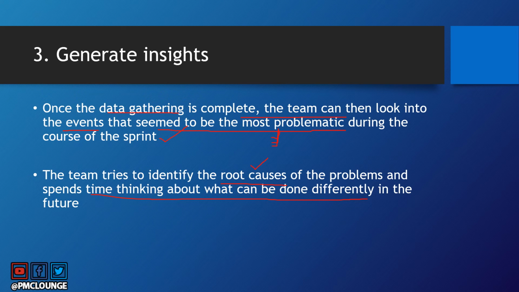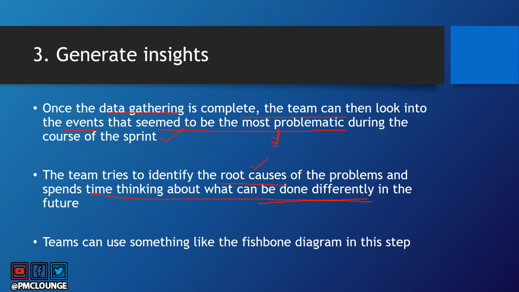What made you or your team take such a decision, or what made a certain event the most problematic? You find the root cause, and then the team spends time thinking about what can be done differently so that this event or decision, if it were to occur in the next sprint again, is not as problematic.